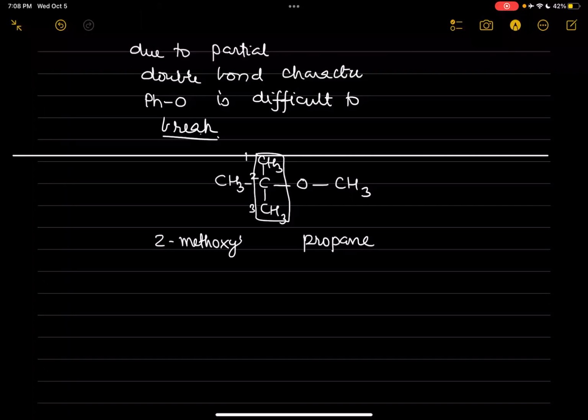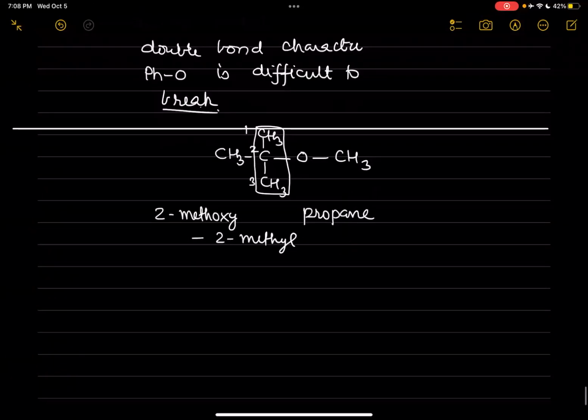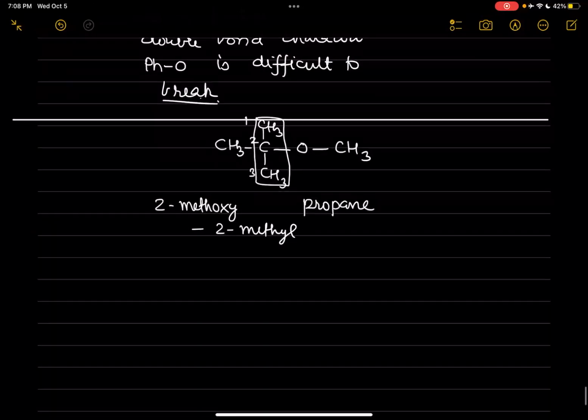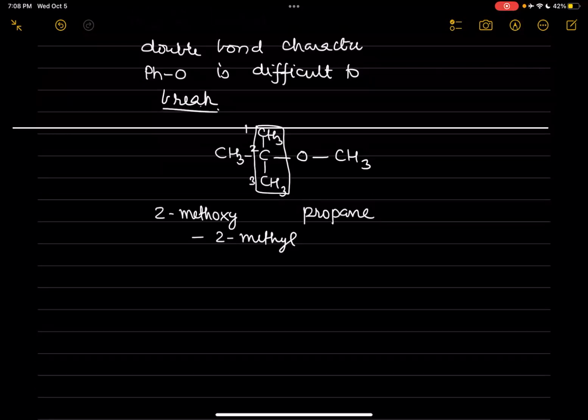I'm going to write them in alphabetical order, and 2-methyl. Actually, meth is the same, O is coming before Y, so I chose to write methoxy first, then methyl. Okay, 2-methoxy-2-methylpropane. Is it clear? This is the IUPAC name. I hope everybody is getting it.